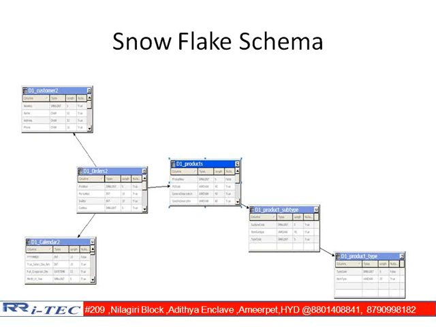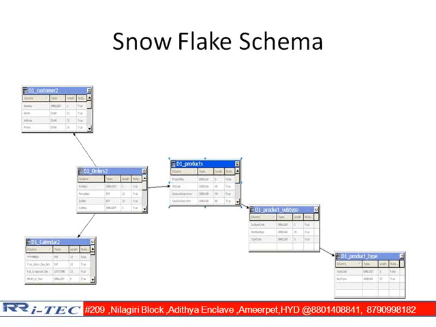If you see carefully, I have here D1 products, D1 product subtype, D1 product type. That means product type information is available here, product subtype information is available here, and products information is available here.